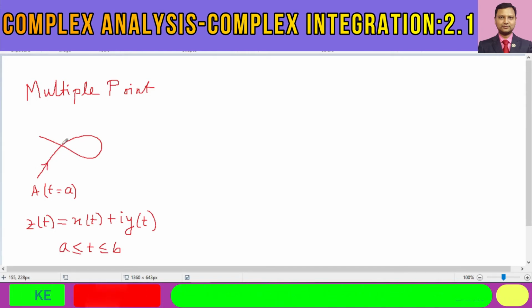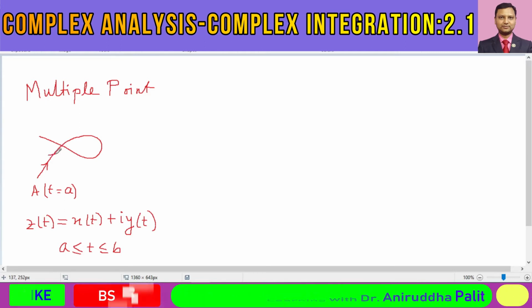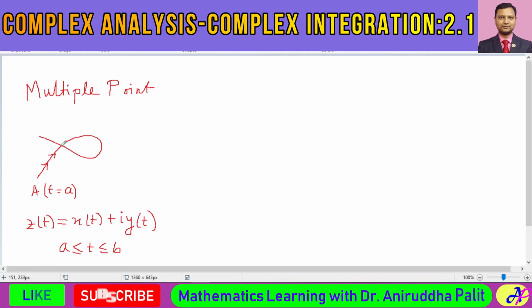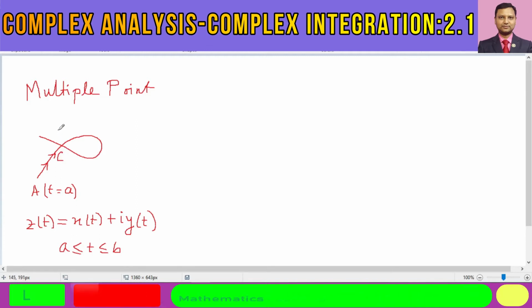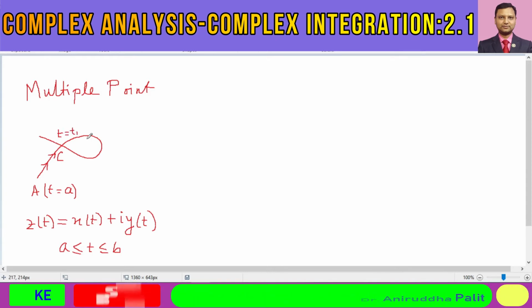Now suppose when the curve is moving along this branch, it would come to this point. Suppose this is the point C. It would come to this point at t equal to t1.